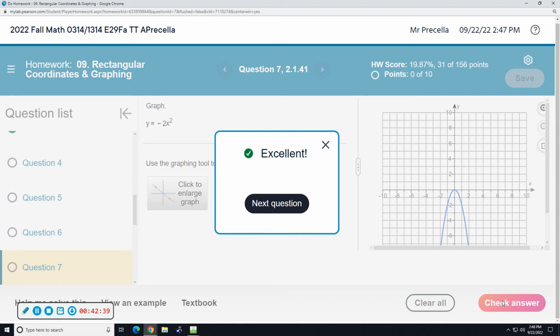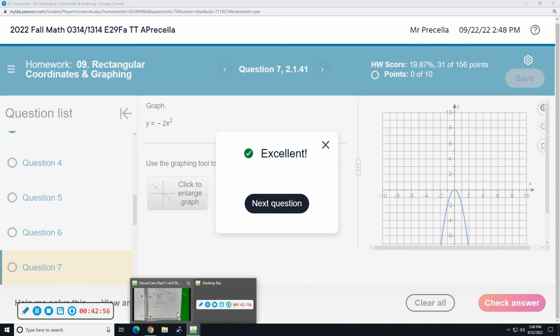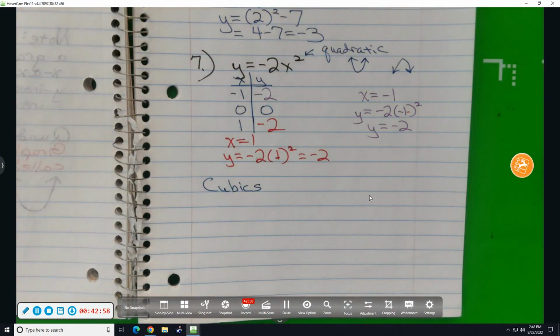So we've graphed lines, we've graphed quadratics, those things have x squares in them. Now we're going to graph cubics. Let me write this down. You can't see it. Let me switch it over. So graphing cubics.